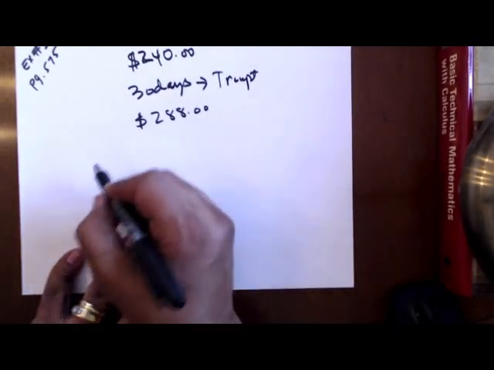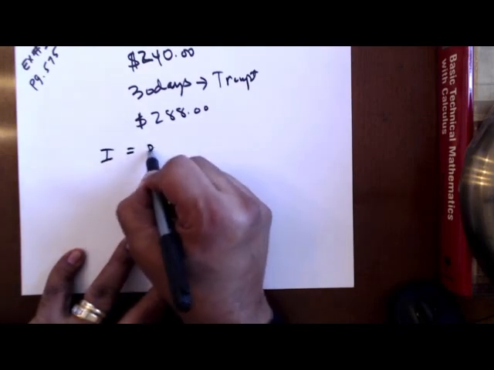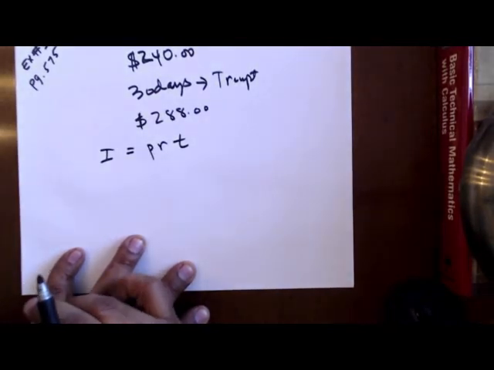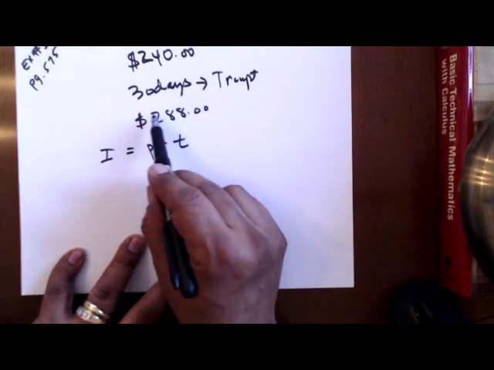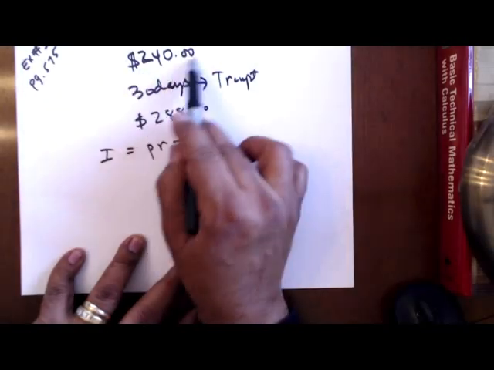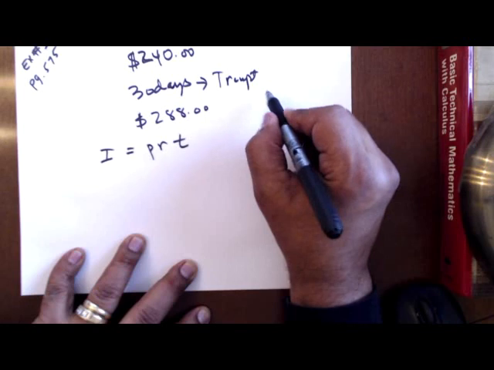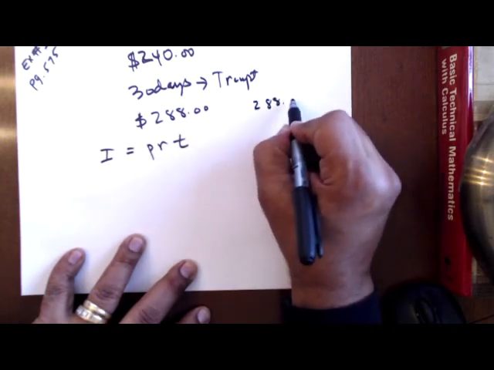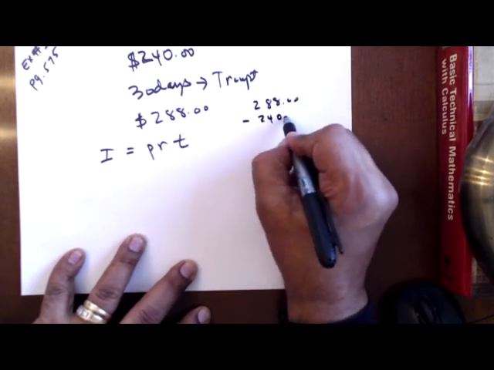So now we have to set up our formula. Interest is equal to PRT. So Gilbert is going to be paying this amount. So the interest that he paid basically has to do with $288 minus the $240 that he was given.